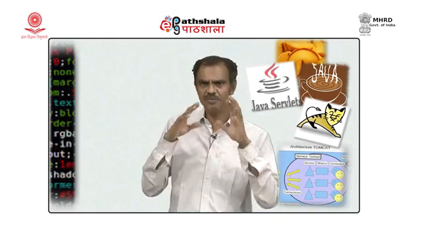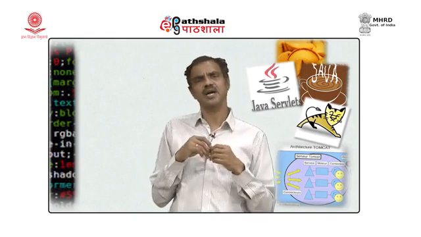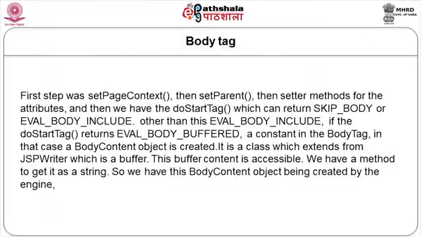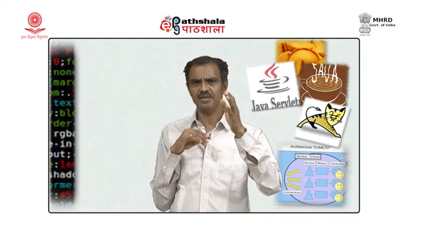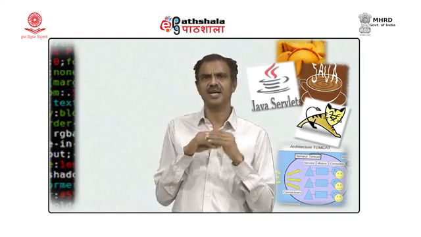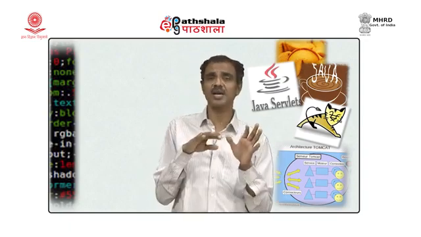If you look at the life cycle for a body tag, it is similar to the earlier one, but let me go over where the differences are. The first step is setPageContext, setParent, and the setter methods for the attributes, which always happen. Then we have doStartTag. What does doStartTag return?